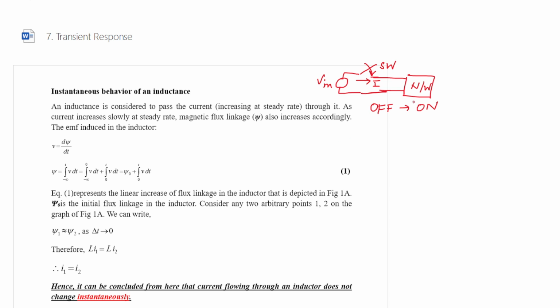So in the language of electrical engineering, we say that discomfort is actually called transient state.